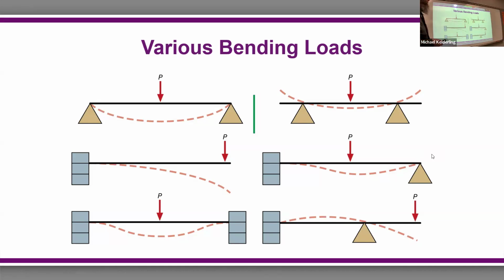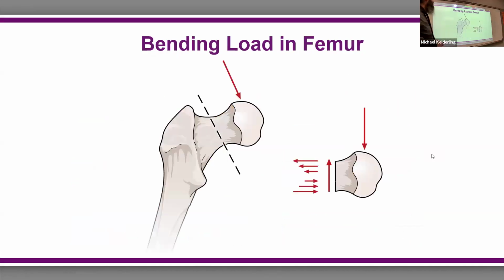And throughout the body, you have various bending loads. So for example, in a femur, you have a bending load from the applied force at the ball joint. And so you have tension on top here and compression on the bottom here.